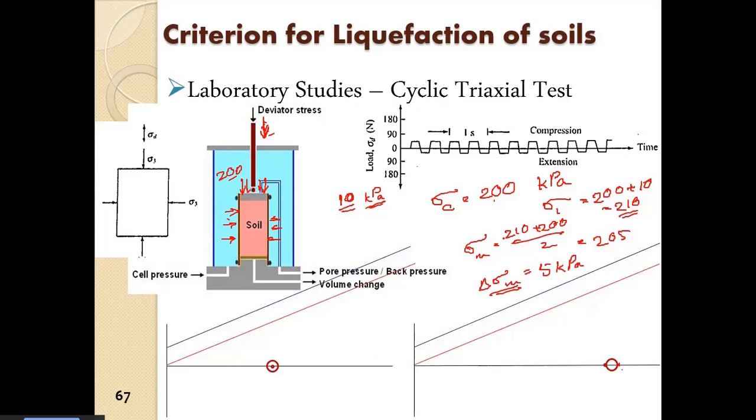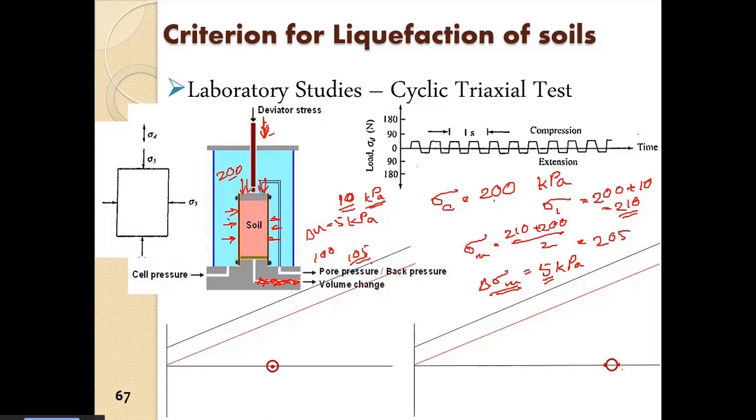Now since it is undrained, there is no volume change, no change in pore water, so there will be an increase in the pore water pressure. The initial pore water pressure was 100 kPa. As soon as the mean increment we observe is 5 kPa, the same amount of pore water pressure will also increase. So now the pore pressure is 105 kPa.